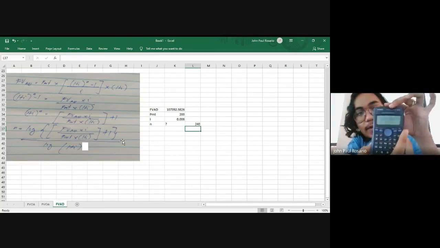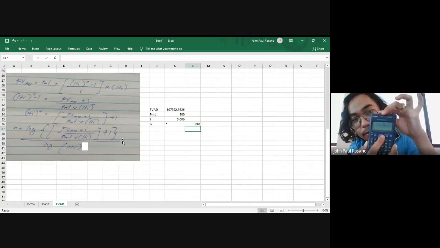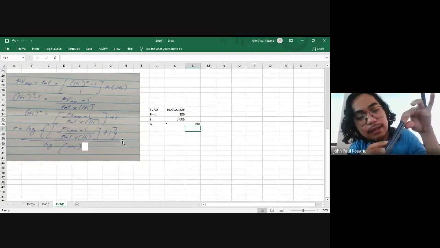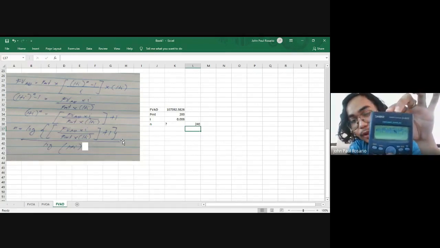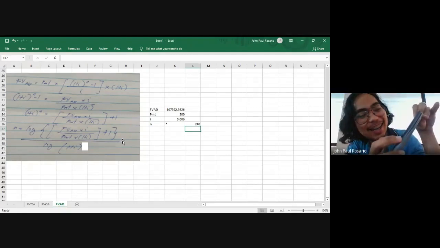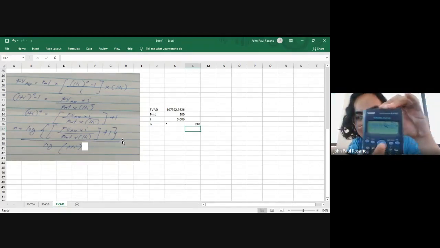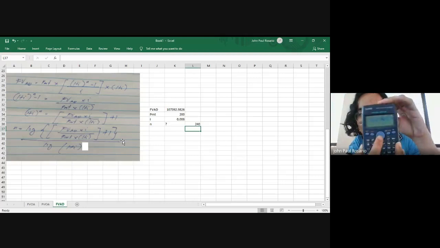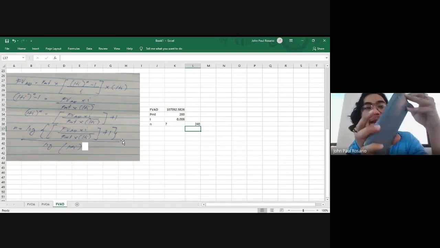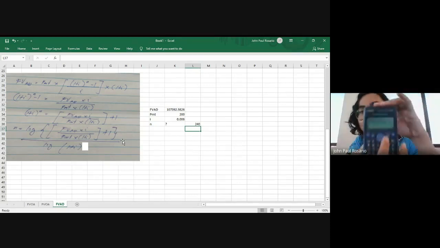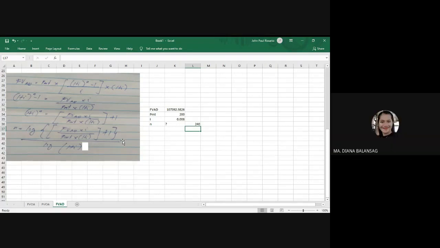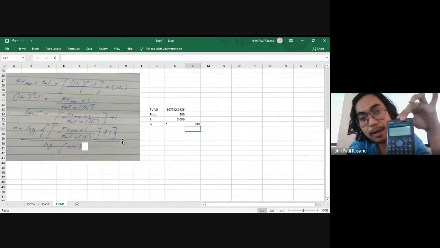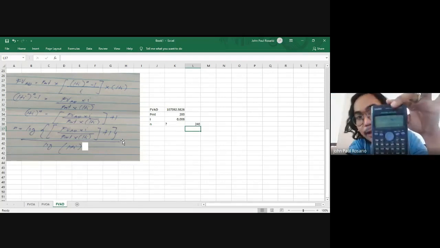Are you all familiar with the store function? Press equals. The value should be 4.20 something.